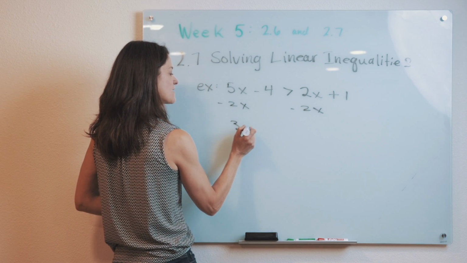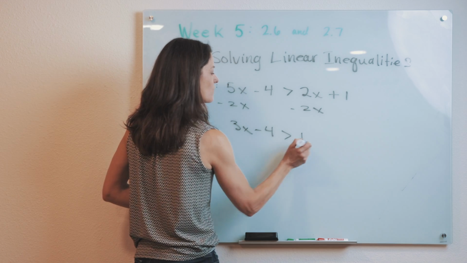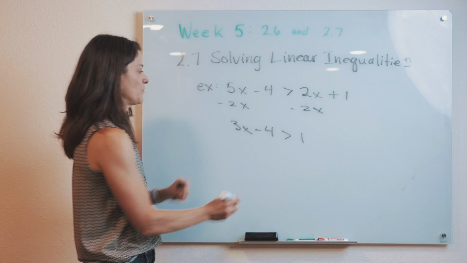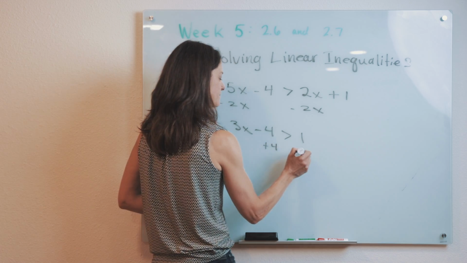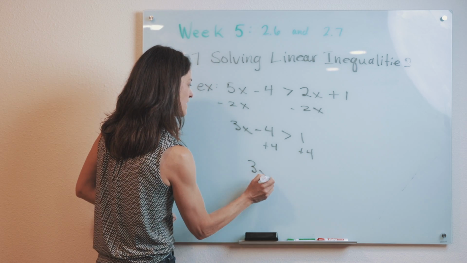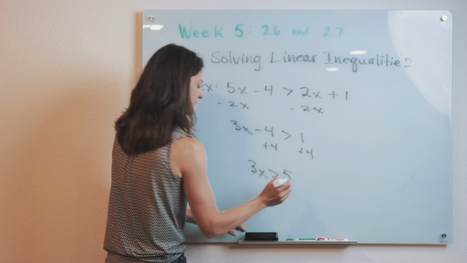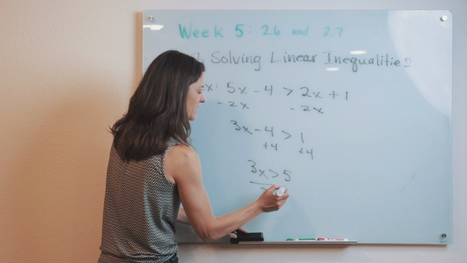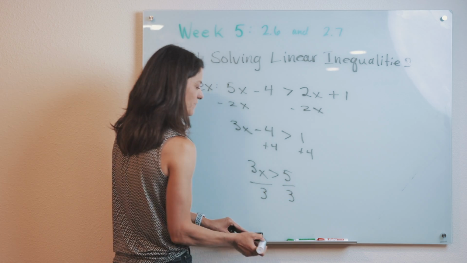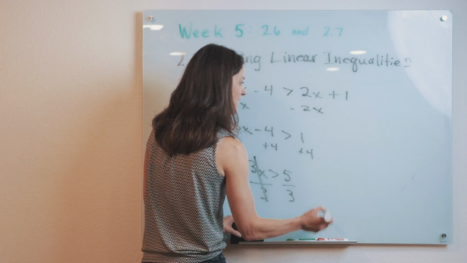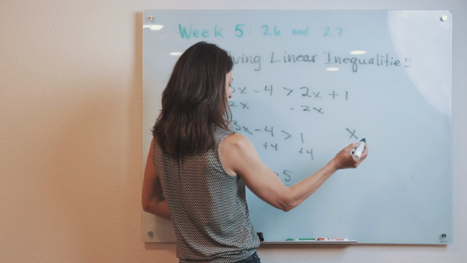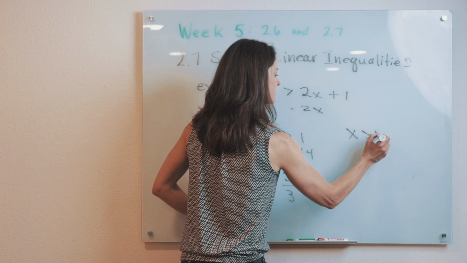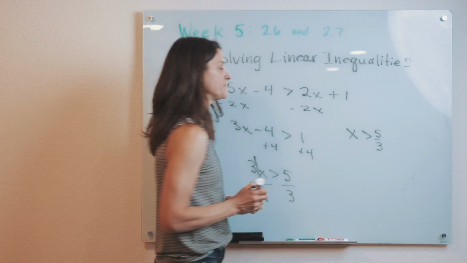We get 3x minus 4 greater than 1. And now add 4 to both sides. We get 3x greater than 5. And now divide by 3 to get that x by itself. The 3's cancel, and our result is x greater than 5/3.